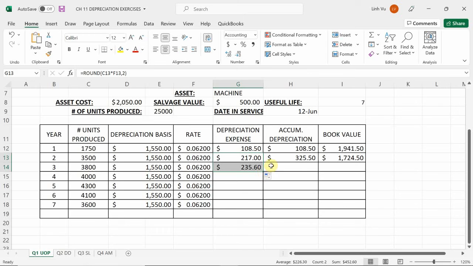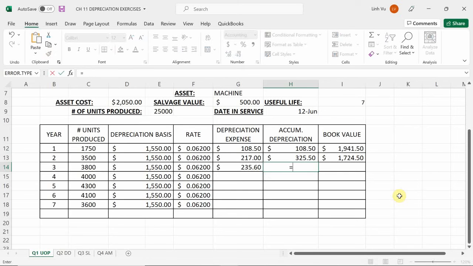All right, which makes my accumulated depreciation to be 561.10.